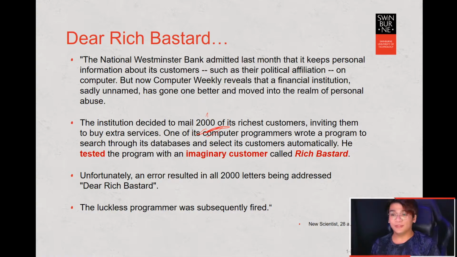One of its computer programmers wrote a program to search through its database and select its customers automatically. He tested the program with an imaginary customer called Rich Bastard. Unfortunately, an error resulted in all 2,000 letters being addressed as Dear Rich Bastard. And the luckless programmer was subsequently fired. New Scientist, 28 August 1993.